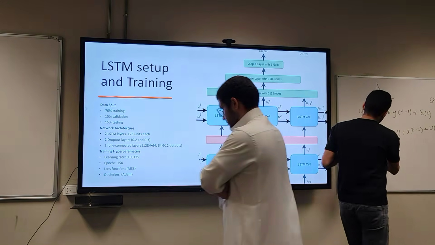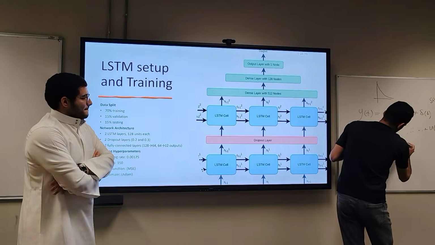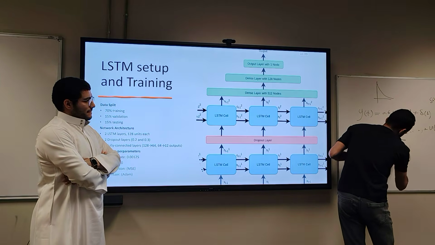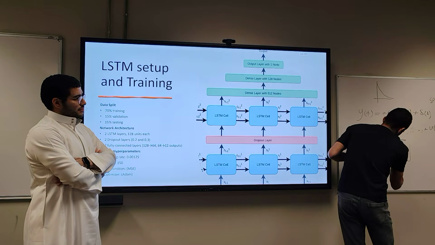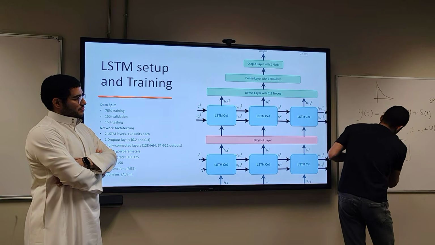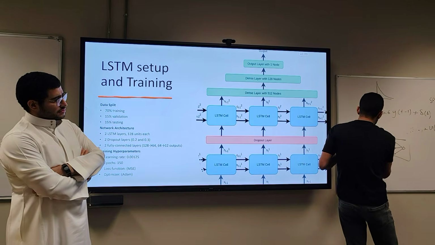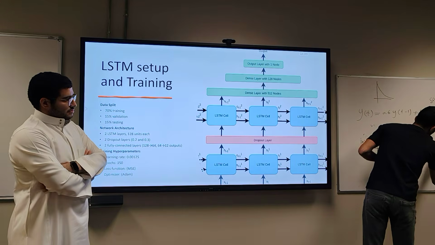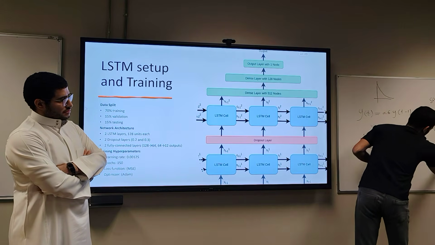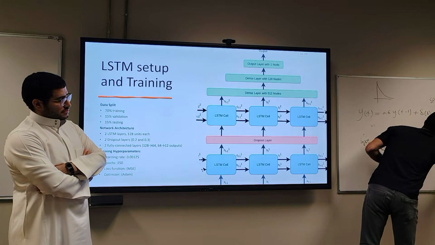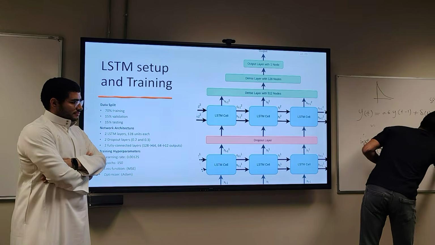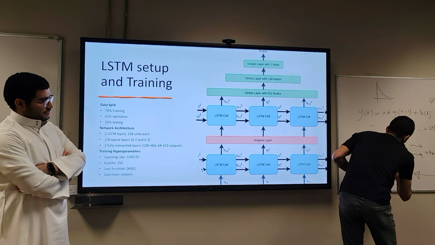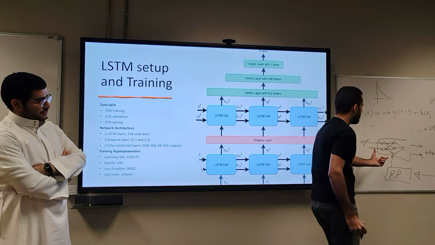If we have a neural network, this box, and we provide the input and output data, we have here the target, and we calculate the error and feed it back to the backpropagation algorithm to adjust the weights in this network.